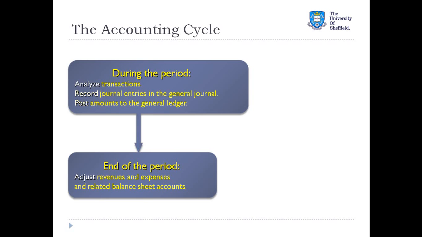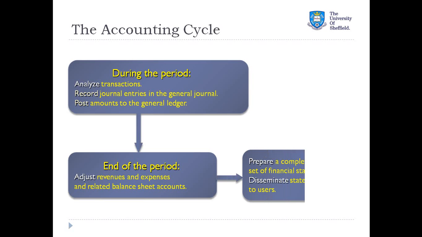So we take all these transactions and we adjust them in order to give us, by the end of the period, the net income, either the profit or the loss of the particular period. And we use all this account information to prepare a complete set of financial statements, and we disclose these statements to the users.